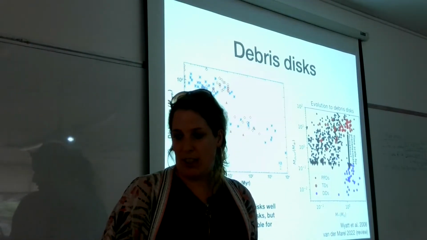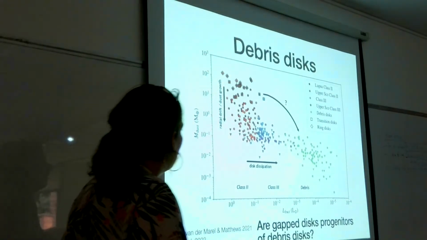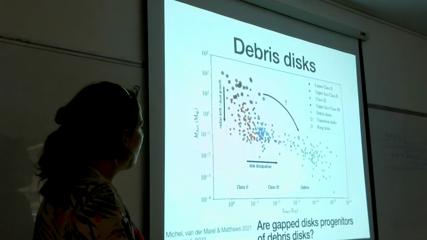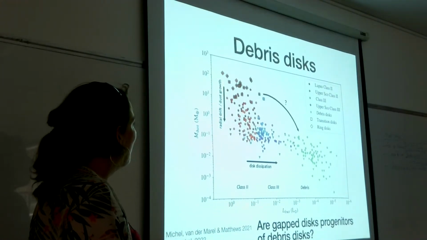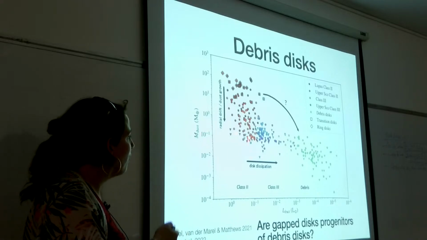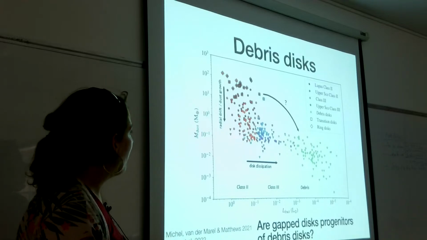This was also somewhat inspired by this study, where we looked at the millimeter dust mass as a function of infrared excess. We also see that the millimeter dust mass goes down during the class 2 phase, probably due to radial drift.